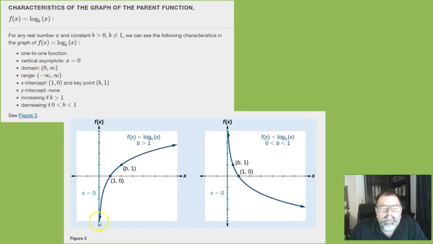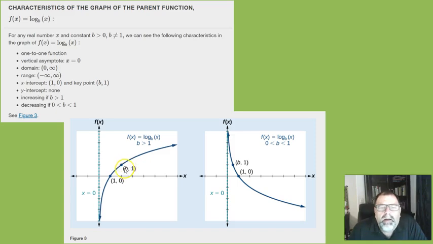The range goes from negative infinity to positive infinity for both. The x-intercept, it doesn't matter what b is, will always be (1, 0). You're always going to get that (1, 0) right there, no matter what b is. So for any b, you're going to have the x-intercept (1, 0).